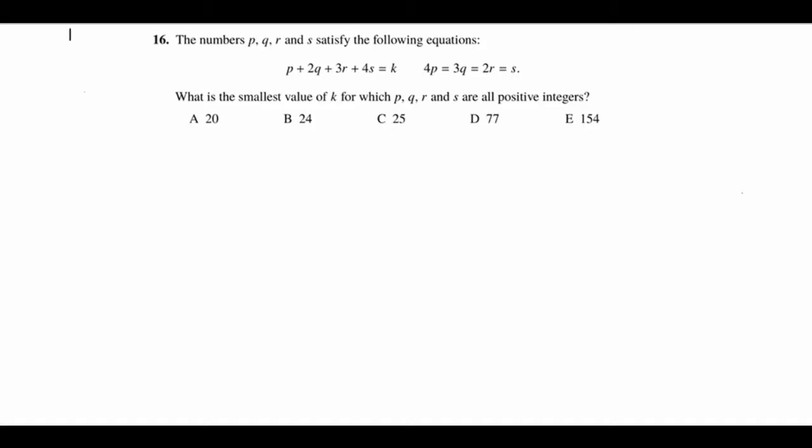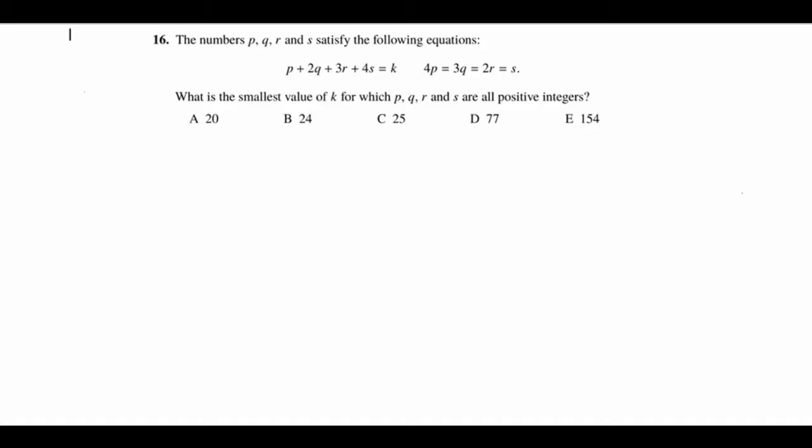So the second equation, 4P is equal to 3Q is equal to 2R is equal to S, tells us that S must be a multiple of 4, since P, Q, R, and S are positive integers, and that it also must be a multiple of 3, and also a multiple of 2. So if we want the smallest possible value for K, we want S to be as small as possible.